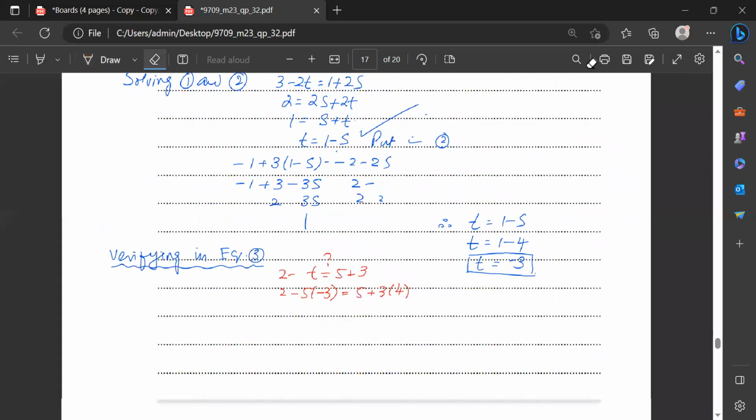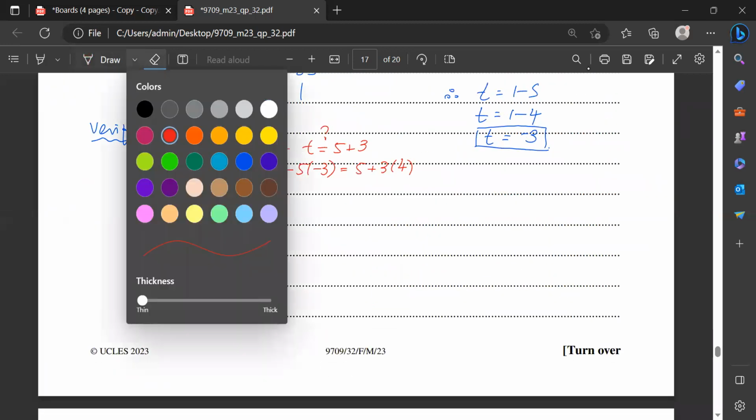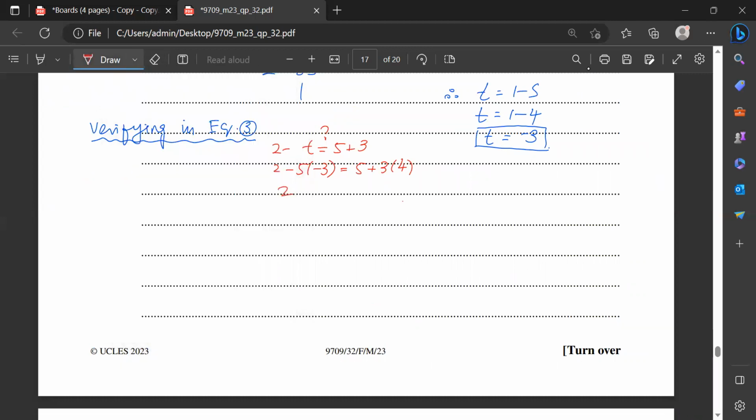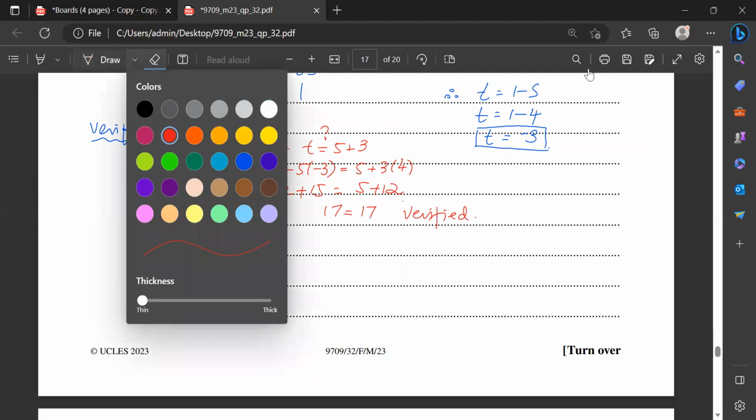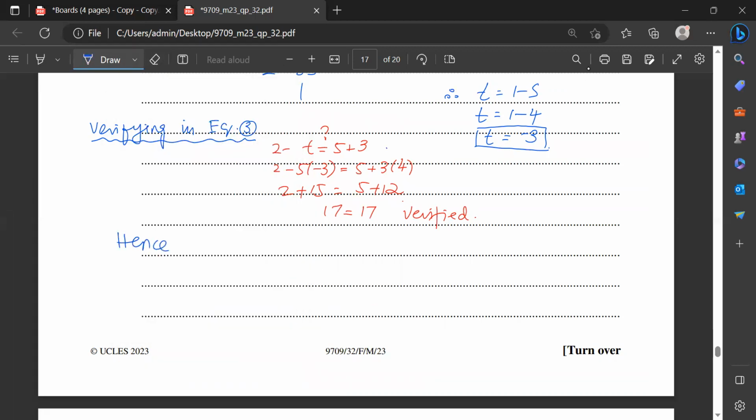Yes, 2 plus 15 is equal to 5 plus 12. 17 is equal to 17. So verified. Hence, the lines L and CD intersect.